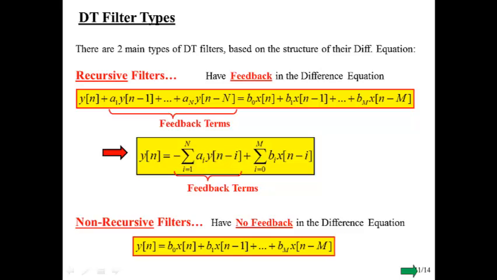Non-recursive filters have no feedback in the difference equation. We have only one y of n term over there, and everything else is an input term. So there's no feedback in those, and they do not need to be computed recursively.